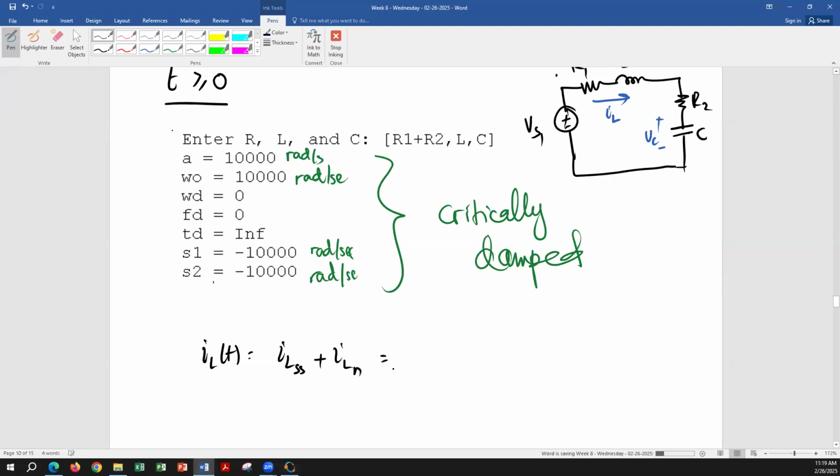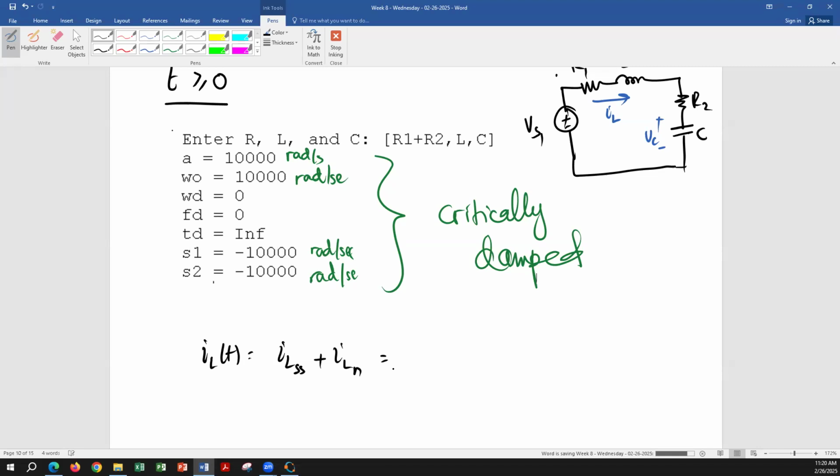All right, what will be the steady state value of the current? Who's going to tell me that? Somebody else tell me that. You don't need calculation for that, remember. No, steady state value, not the initial condition. We already have the initial condition. What is the steady state value of the current?